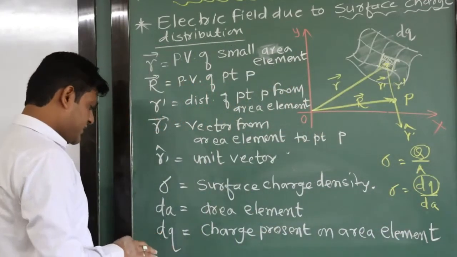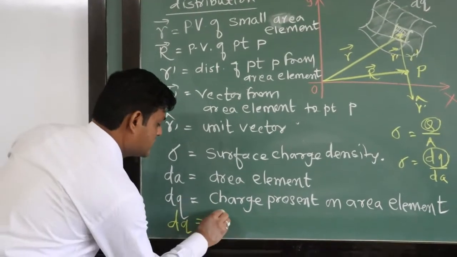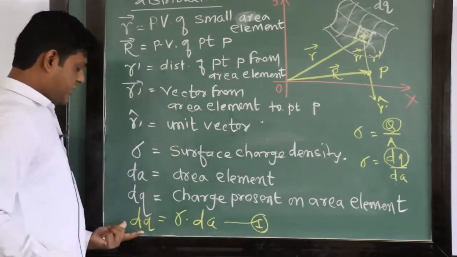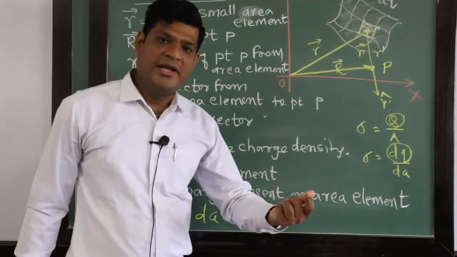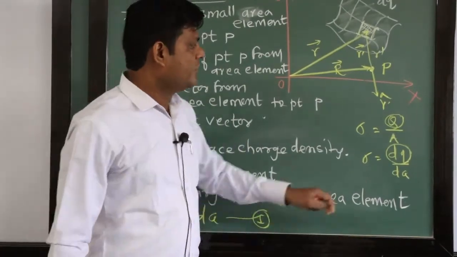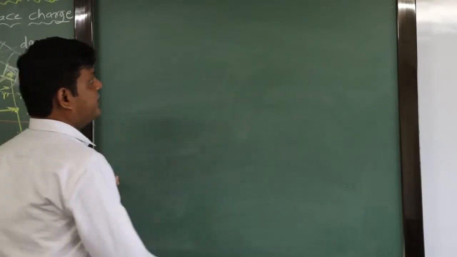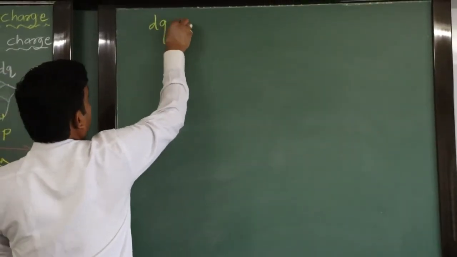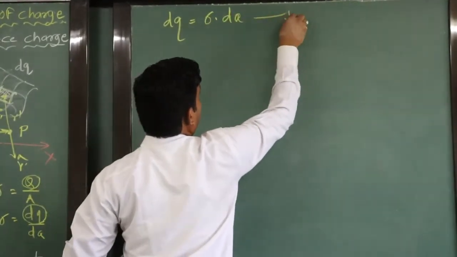We will write dq equals sigma dA, equation number 1. dq is the charge present on the small area element.